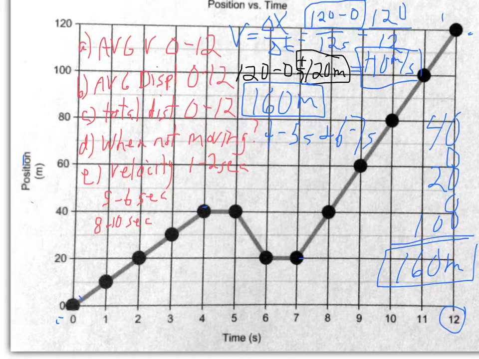All right. What is the velocity of an object from 1 to 2 seconds? Well, velocity equals our displacement divided by our time. Well, from 1 to 2 seconds, that's 1 second, right?